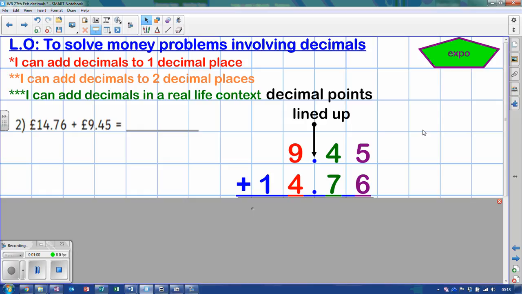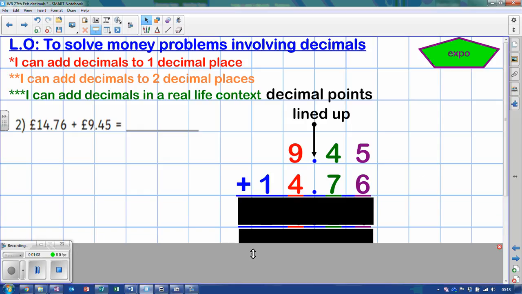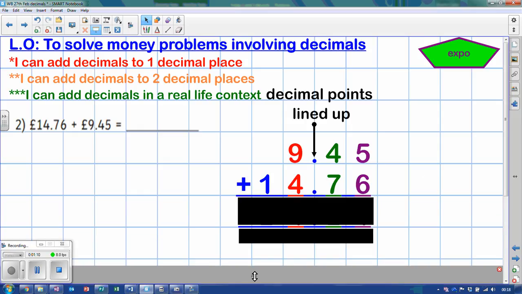Okay, now we've got it set out neatly and properly in columns. We need to use our column addition skills to add these numbers up, exactly the same as we would if there wasn't a decimal point. So we're going to start in the column furthest to the right, which in this case is the hundredths column. 5 hundredths add 6 hundredths gives me 11 hundredths.